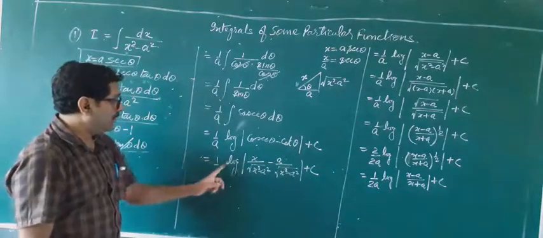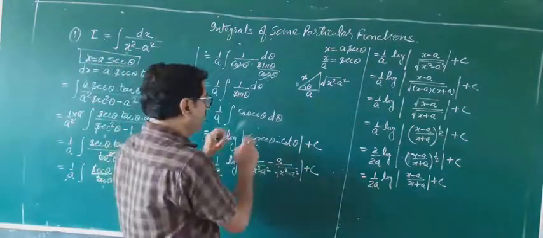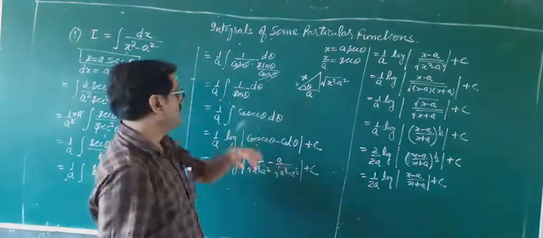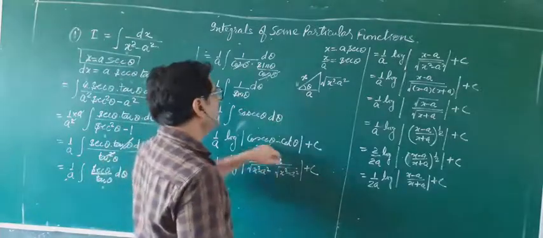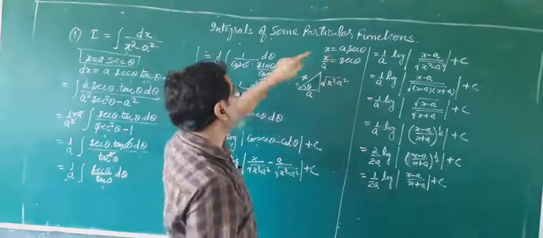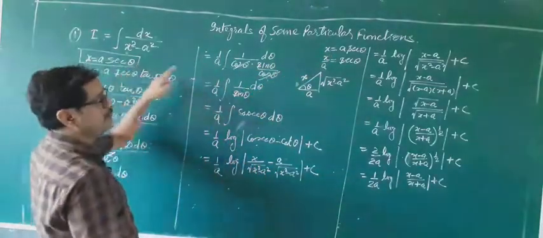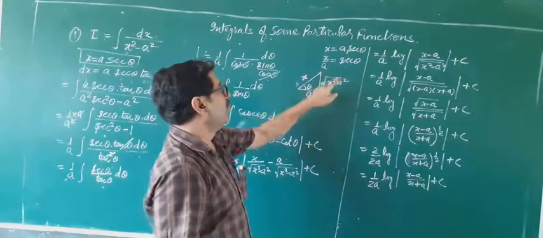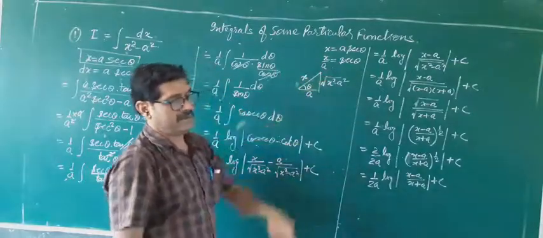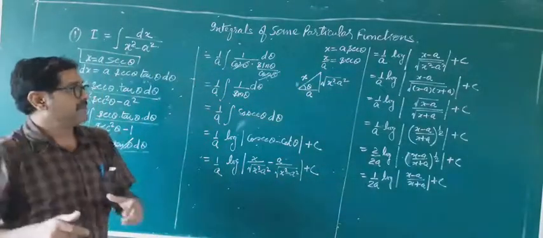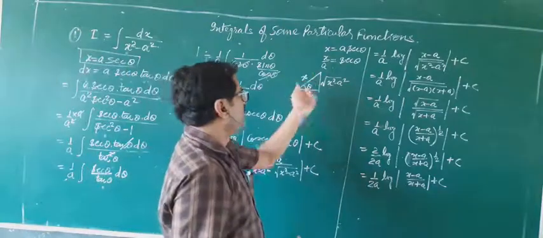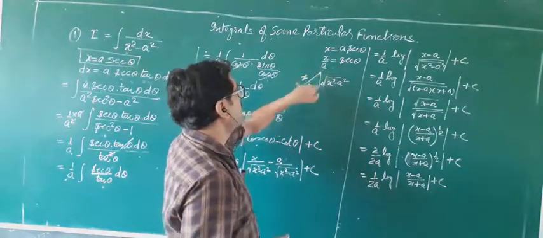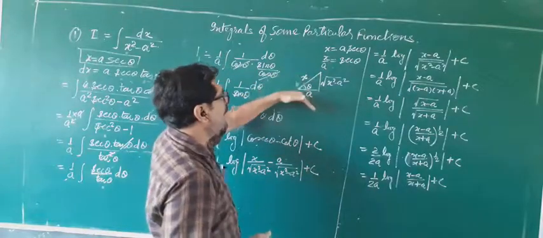So 1 upon a log of, and we put cosec theta and cot theta in the form of x. At first we assumed x is equal to a sec theta, so x upon a is equal to sec theta. From a right angle triangle, sec theta is equal to hypotenuse upon base.